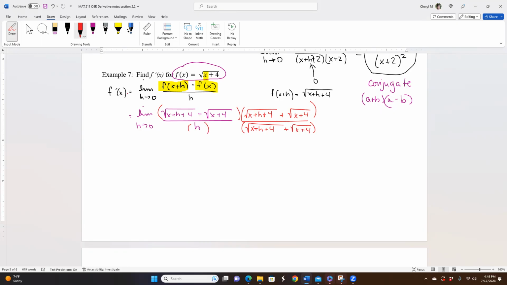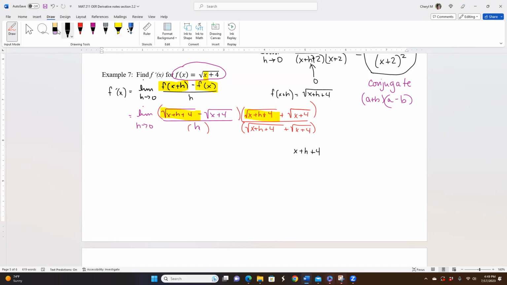Now, multiplying this out will look like this. You'll take the first term times the first term. Since they're the same, you just get x plus h plus 4.